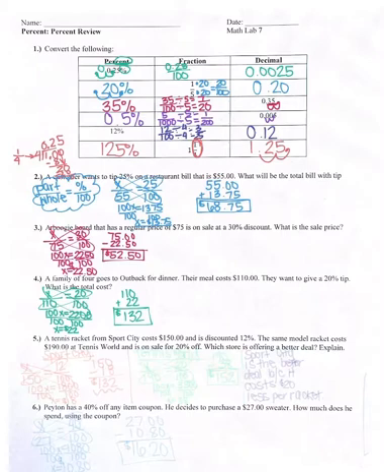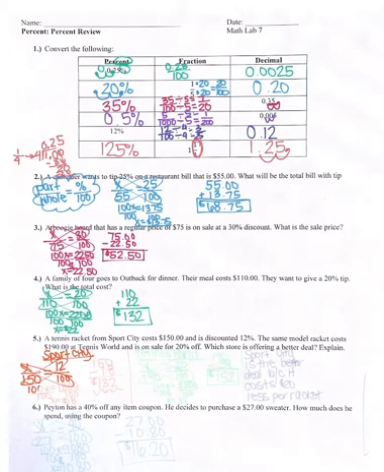So what we're going to do is we're going to separate this into Sports City versus Tennis World. Let's solve for Sports City first. We'll solve for that on the left. Our part in this case we're looking for, our total is $150 equals, this is a 12% discount over 100. So we're going to cross multiply.